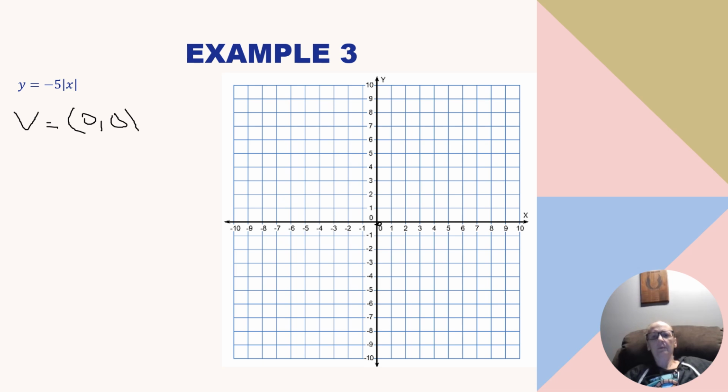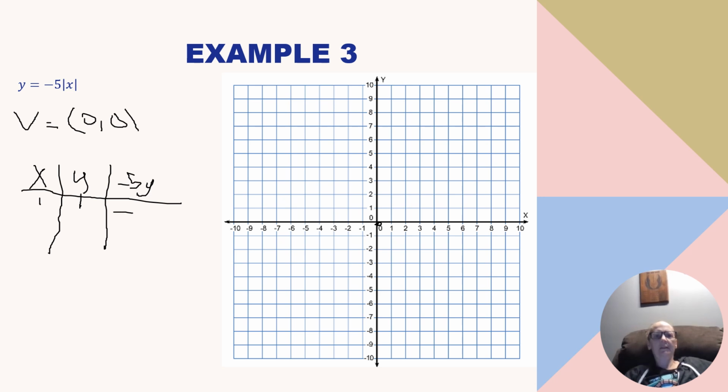Now, to find the other points, you're going to start with what happens with the base graph. So if this was just the absolute value of x, if I had the absolute value of 1, I would have y equals 1. But this is not just y. It has this -5 out front. So what I'm going to do is multiply the y value by that number to get another point.